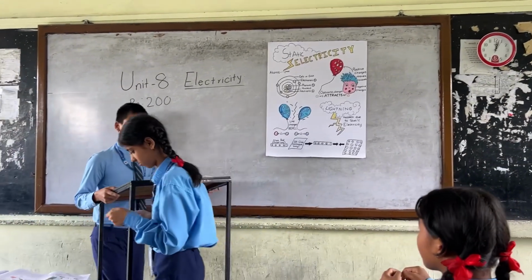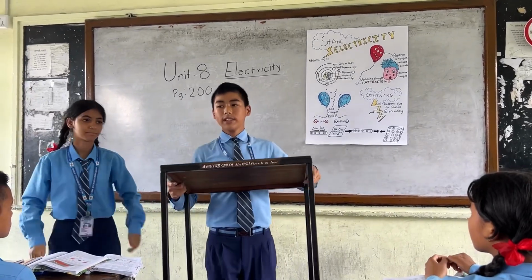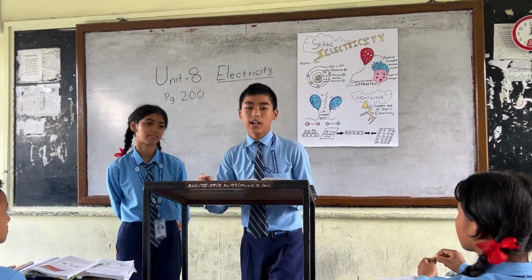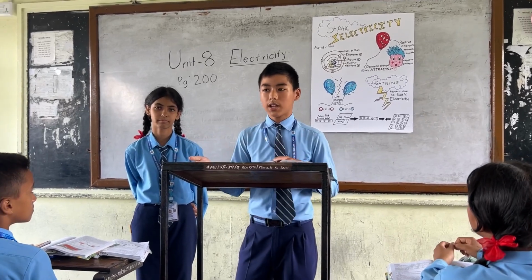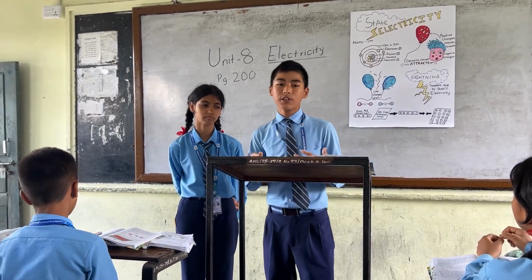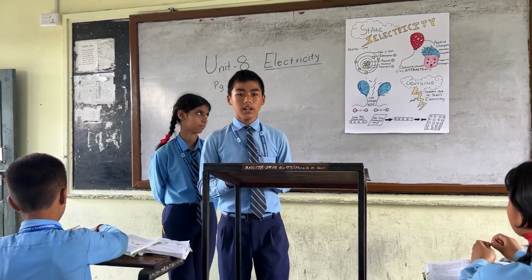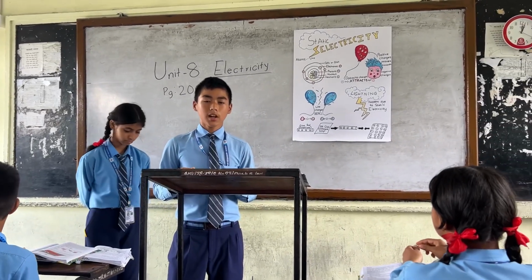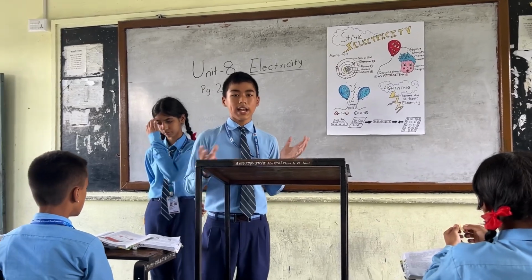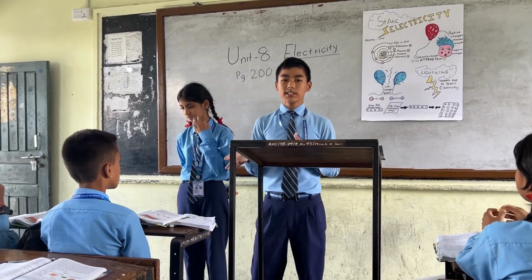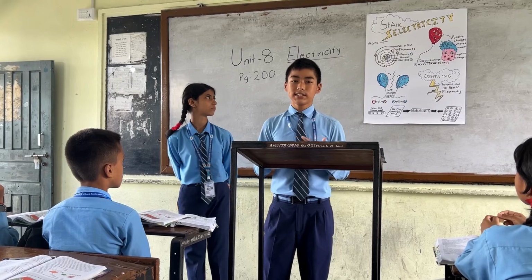The reason behind it is that when the scale is rubbed on the hair, the electrons transfer from the hair to the scale, and we have already learned that unlike charges attract each other, so the charge of the scale attracts the charge of the paper.